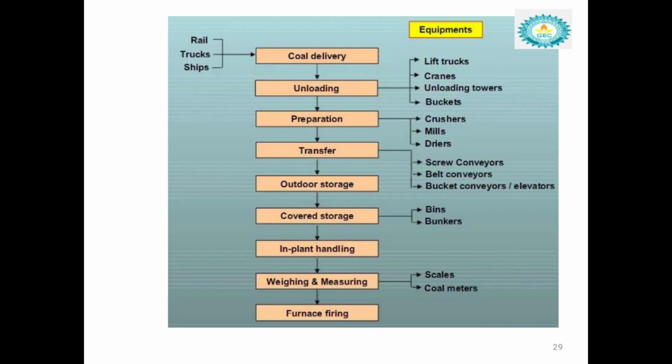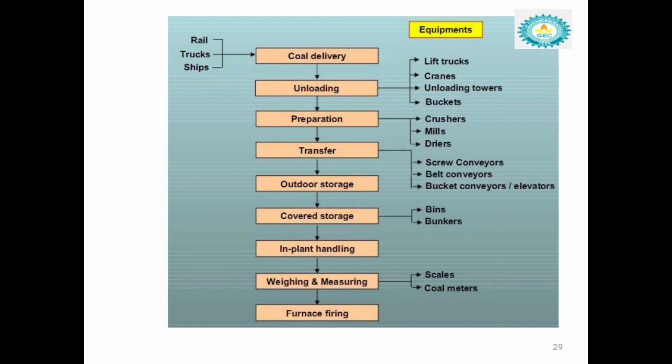Now, what are the equipments involved in the coal handling process? First stage, coal delivery. Coal is delivered by railroads, trucks and ships.